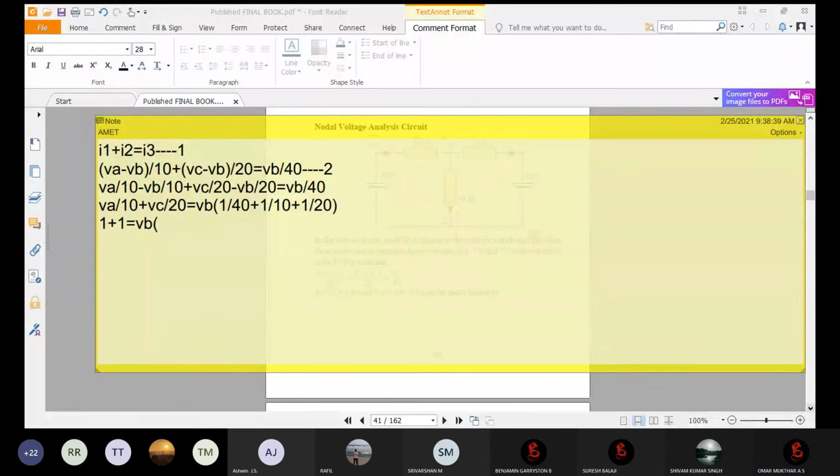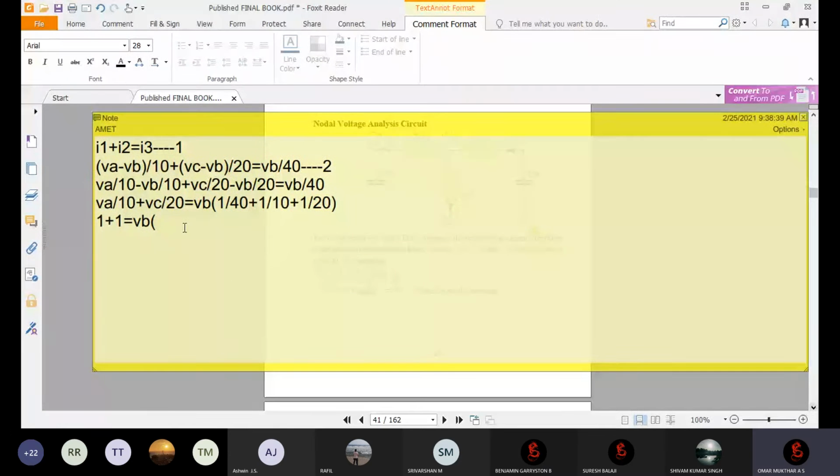Okay, sir. So what is the LCM? Take the LCM of 40, 10, 20. It is 40. So the first term is as it is, I will write 1. For the second term, I have to make it 40, so I multiply the numerator and denominator by 4.